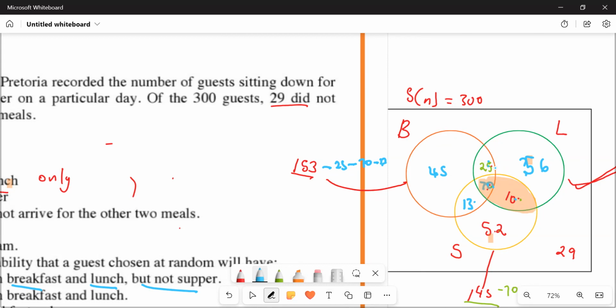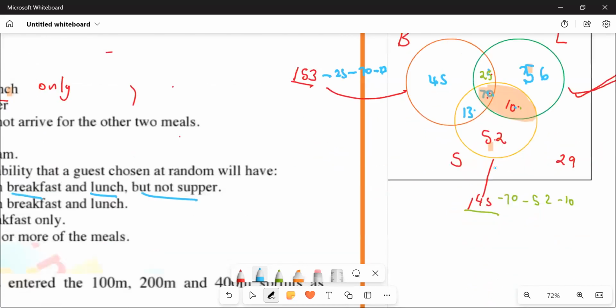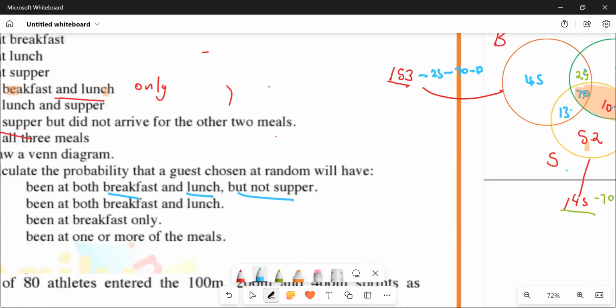There are 25. So the probability is 25 over the total, which is 300. 25 over 300 is 1 over 12. We can leave it like this, or we can write it as a decimal.